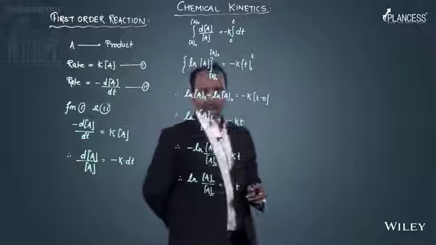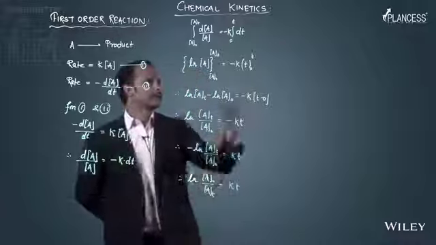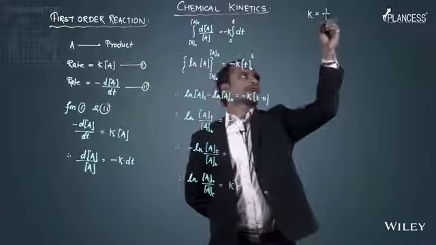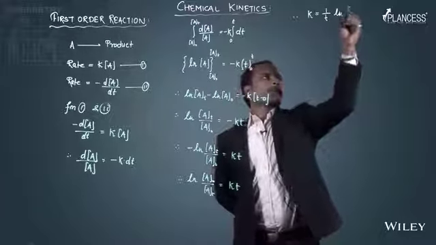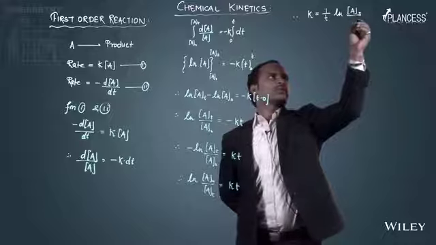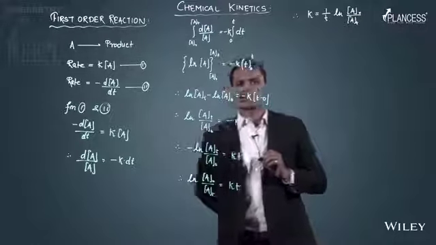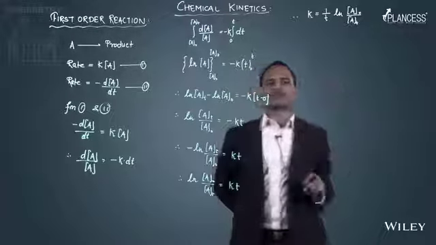I want the formula for K, so K is equal to 1 upon t ln A naught upon At. This is the formula in terms of the natural log.